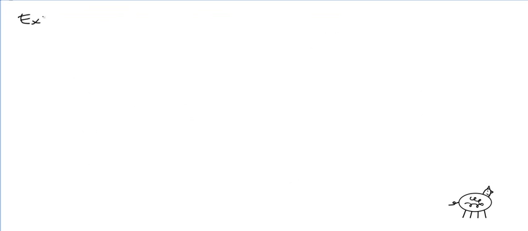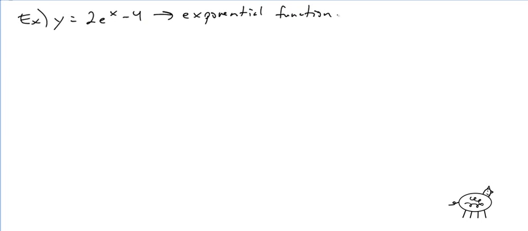All right, so y equals 2e to the x minus 4. And guys, remember that e to the x function, that's an exponential function. Okay, and this is called base e. All right, and e is equal to 2.718.